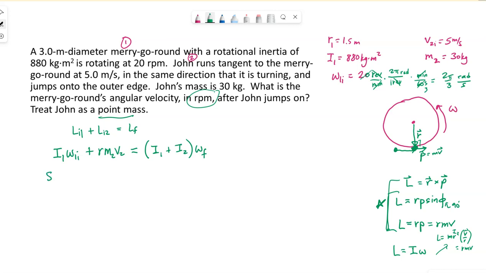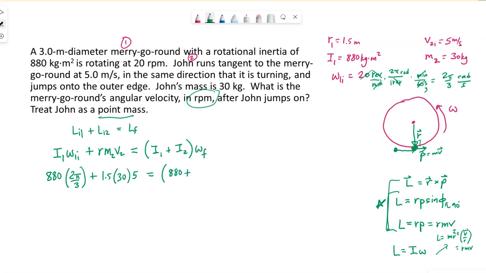So I1 was given, 880 kilogram meters squared. Omega 1 we have in radians per second. R, in order for John to jump on the merry-go-round, he's got to be immediately next to it. So I'm going to go ahead and say he is 1.5 meters away immediately before he jumps on. His mass is 30 kilograms. He's running at 5 meters per second. So that will be the angular momentum of John right before he jumps on.